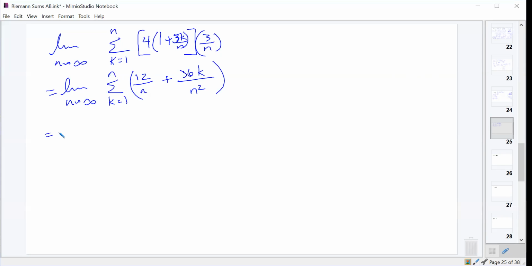So how many 12 over n's do I have? I'm adding them from one of them to the second one, to the third one, to the fourth one, to the fifth one, to the sixth one, to the nth one.